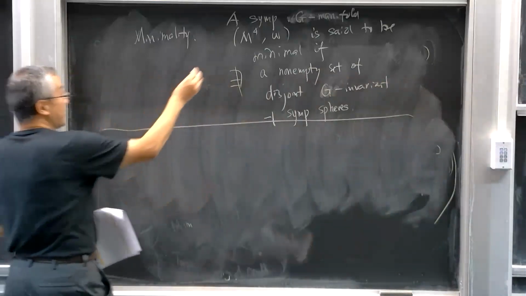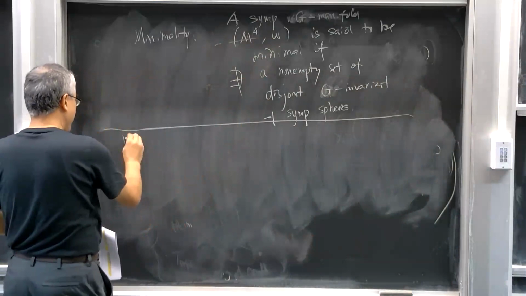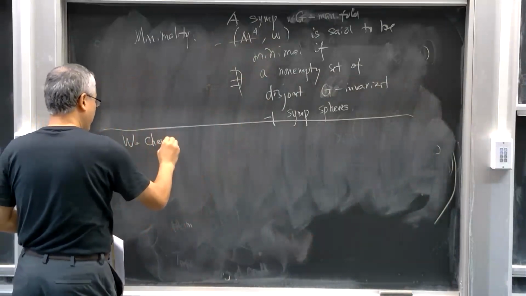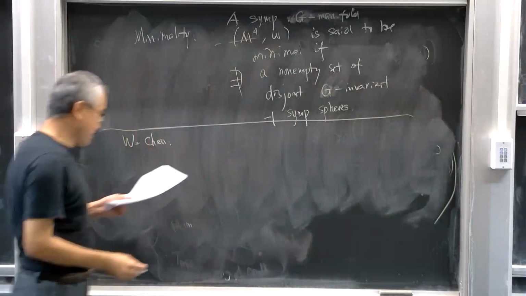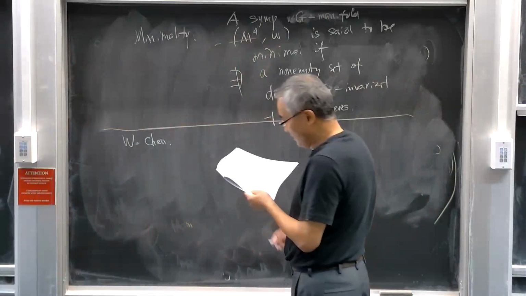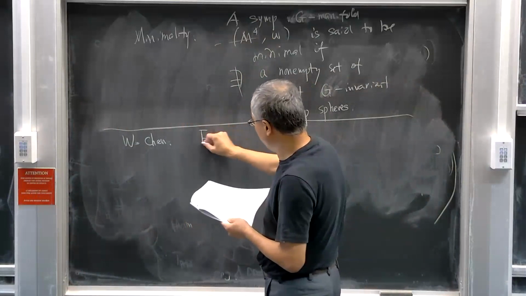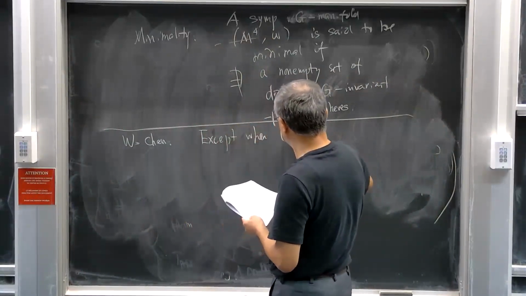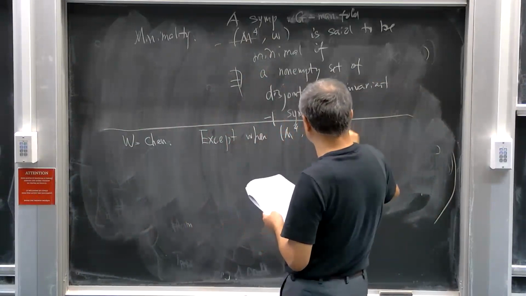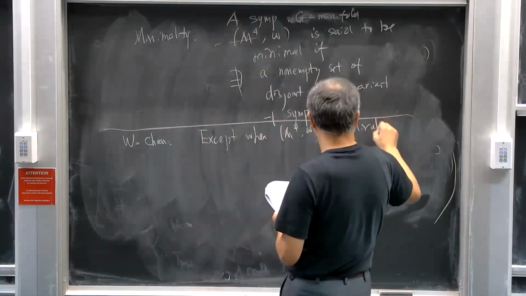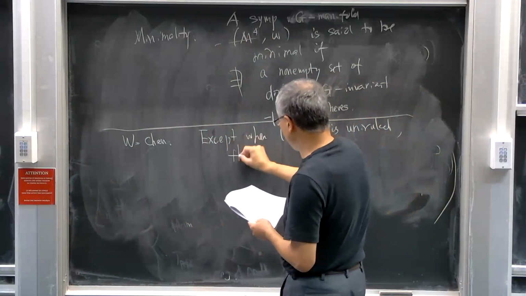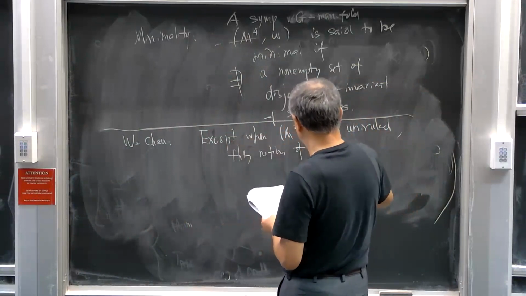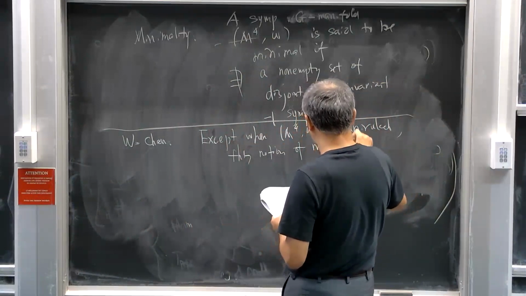This makes sense for an arbitrary symplectic four-manifold. Except in the case where M is uniruled, this notion of minimality agrees with the ordinary one.